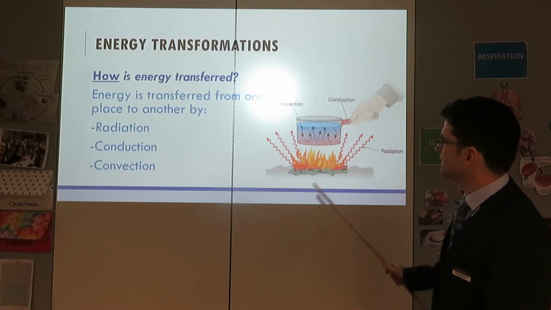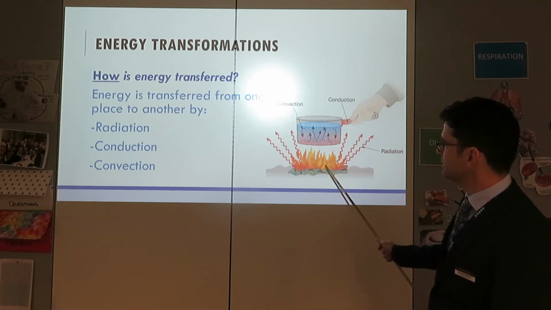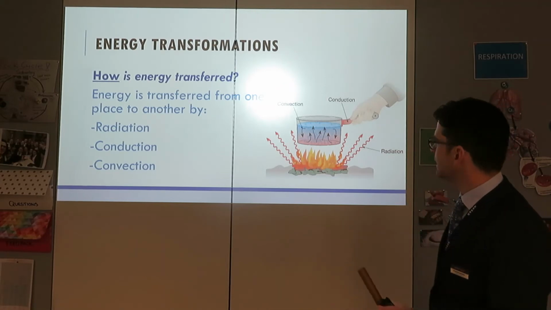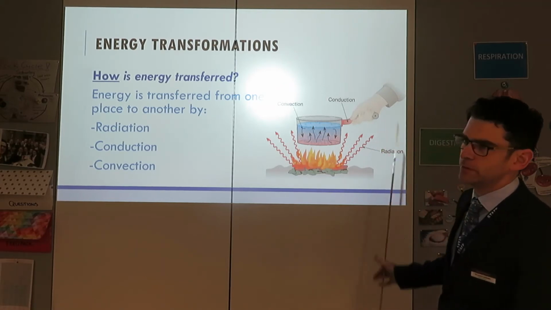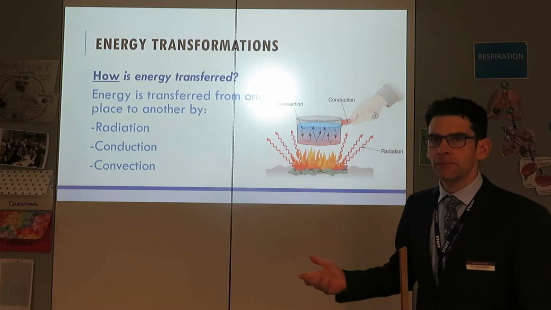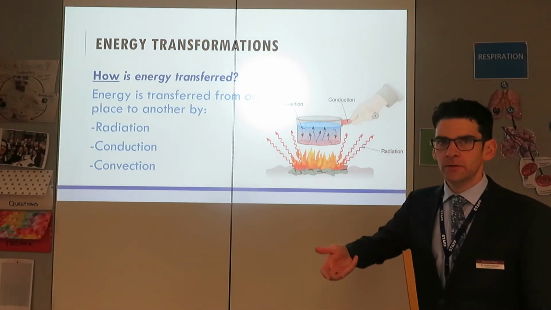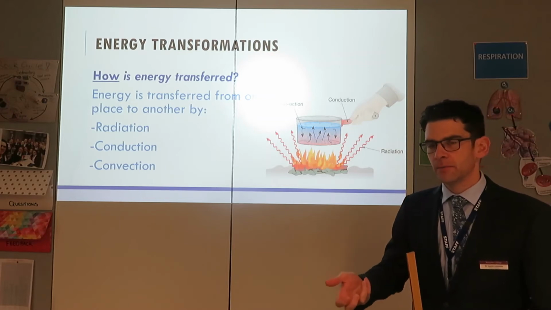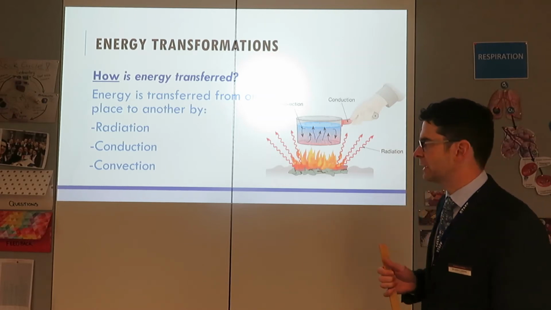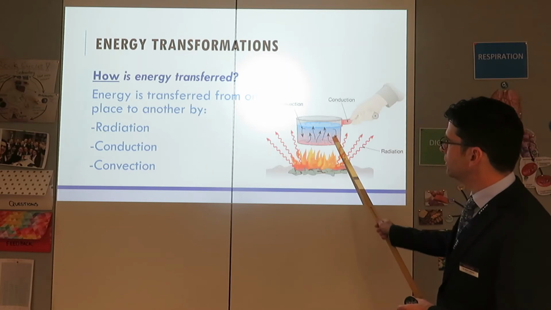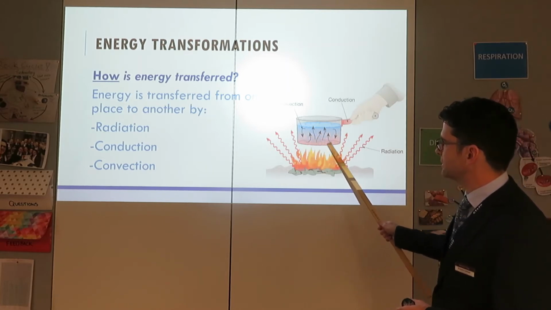That is a form of conduction. As well, if you were to touch the handle, you'd feel the heat that's been conducted up through the metal into the handle, and that's been transferred into your hand as you feel that heat.